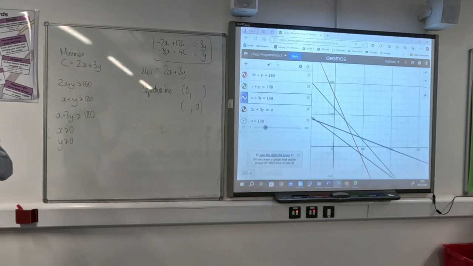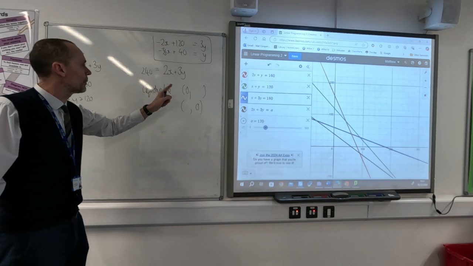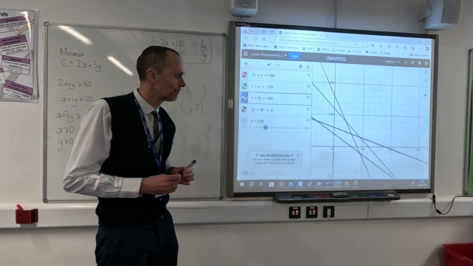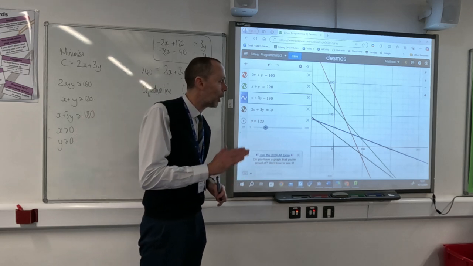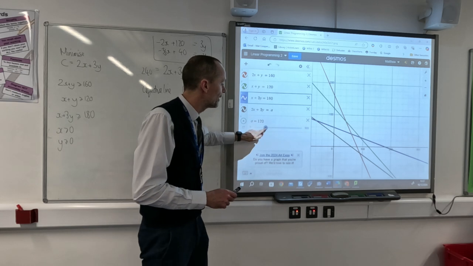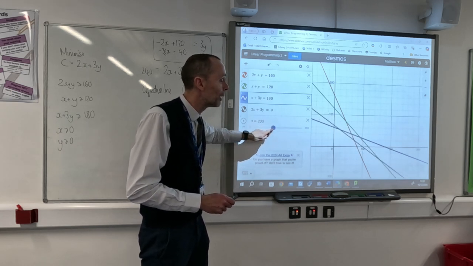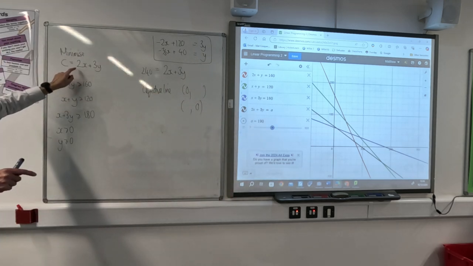So, okay, are we happy that 2x plus 3y equals anything will have the same gradient as that line? So all we need to do in order to find our optimum point is change that value. Now remember, this has changed from before.